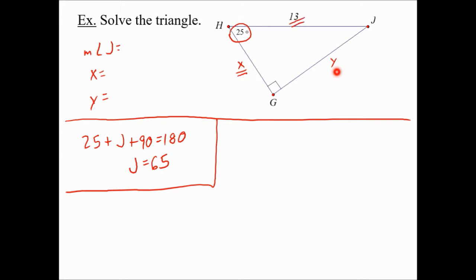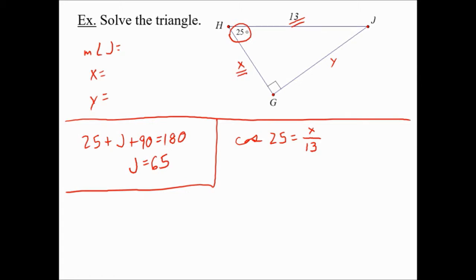Well, I've got adjacent and I've got hypotenuse, so I'm going to use cosine, right? CAH. Cosine is adjacent over hypotenuse. Now, next to the cosine, we always put the angle. So I'm writing cosine 25 equals adjacent over hypotenuse.